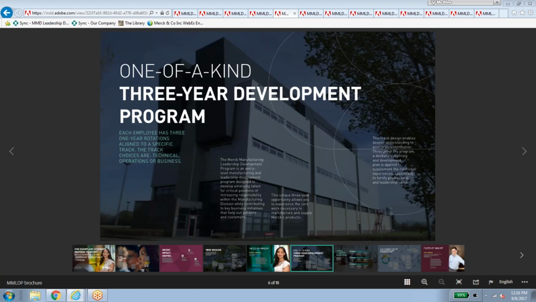So there's a number of different sites where you see that we have operations and where that is a good opportunity. So I'll move into talking a little bit more about the MMLDP specifically. This is an entry-level key talent program for the Merck Manufacturing Division. It is a 3-year development program.